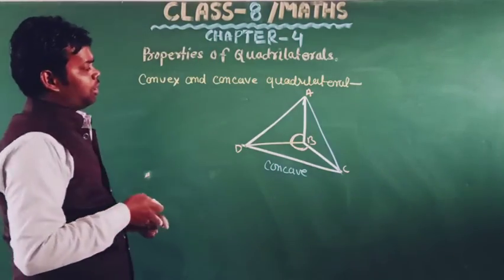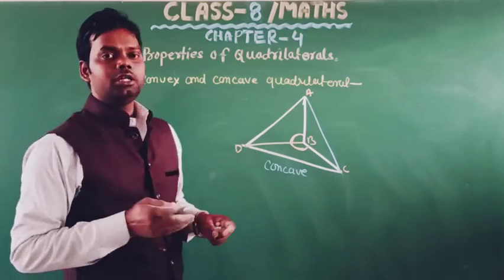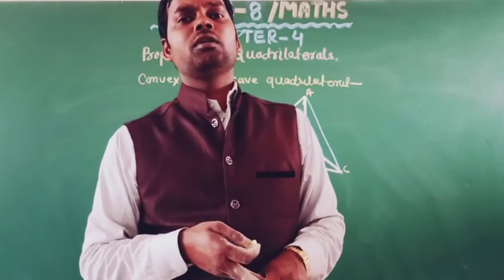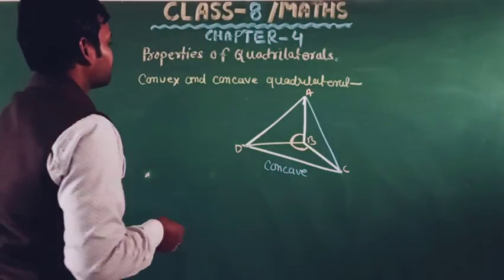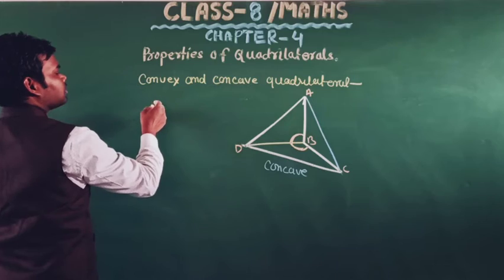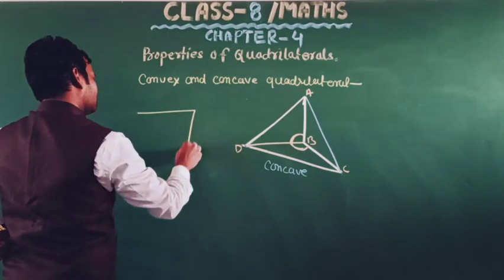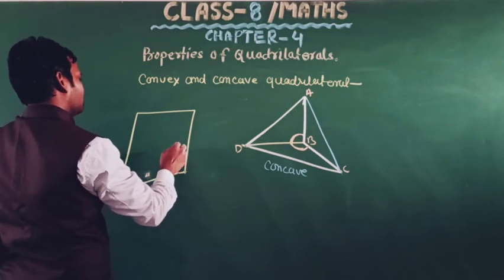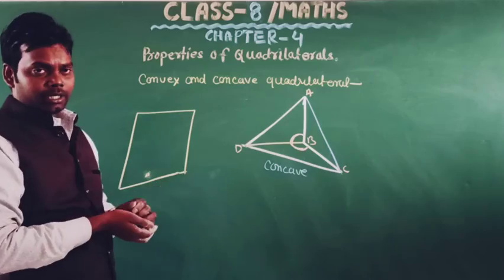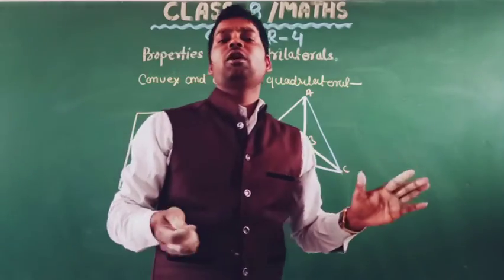In other words, each angle of the quadrilateral is less than 180 degrees.